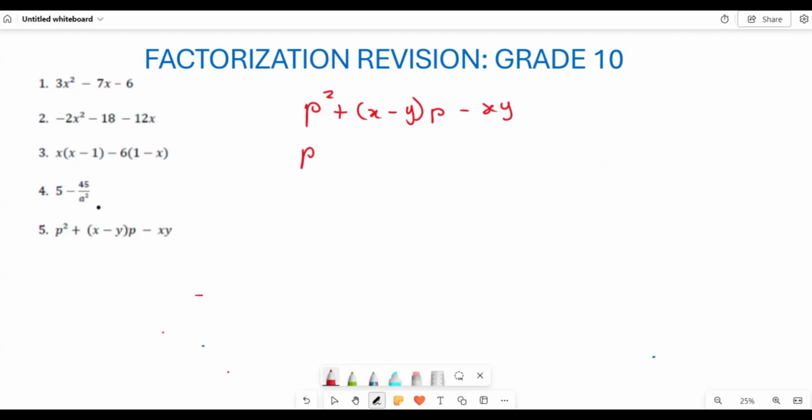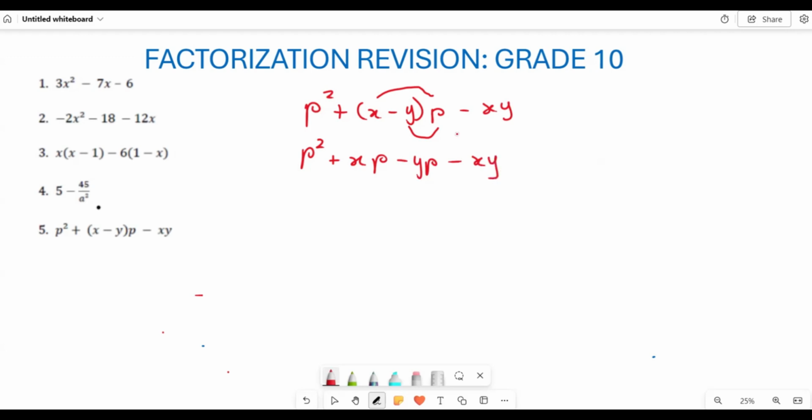So this is p squared plus x multiplied by p and also y multiplied by p, which is xp, then subtract yp, and then subtract xy. Are we together?